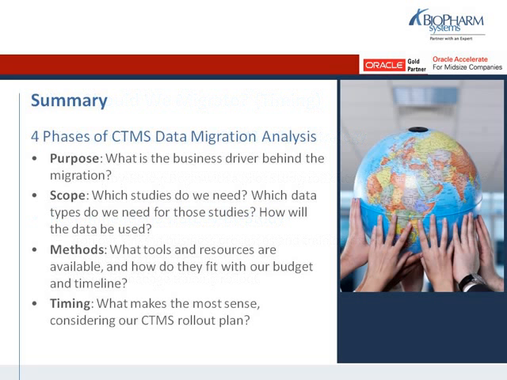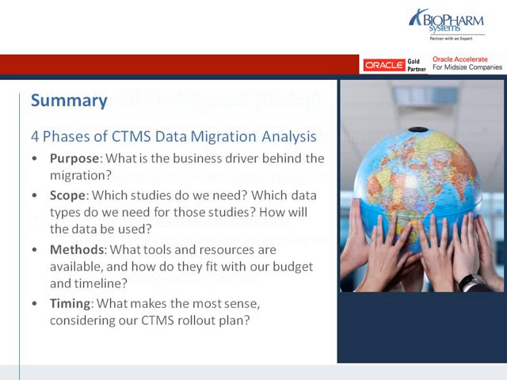So in summary, we've discussed the 4 phases of CTMS data migration analysis. We've covered all the steps each organization needs to take before undertaking a migration initiative. This needs to be very thorough, from a planning and analysis perspective, before understanding the full scope of the entire initiative. So we'll summarize these.